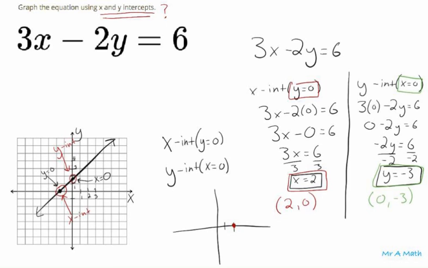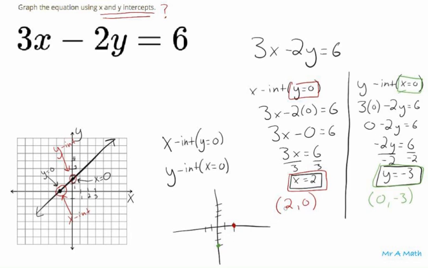And then in green, my y-intercept is at (0, negative 3). So down 3. Just for simplicity's sake, let's make this look nice. It goes 0 on x, down 3, where y is negative 3.